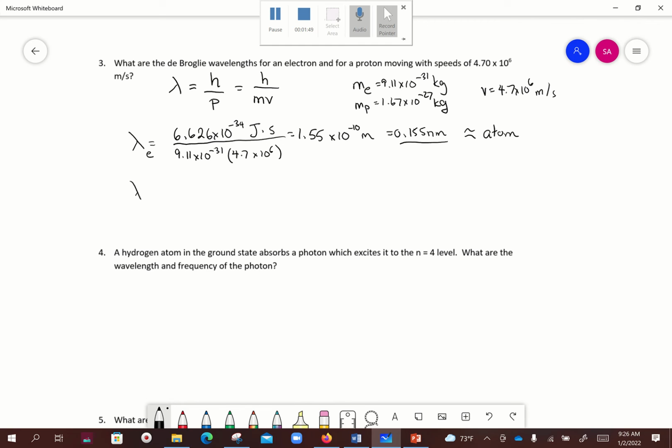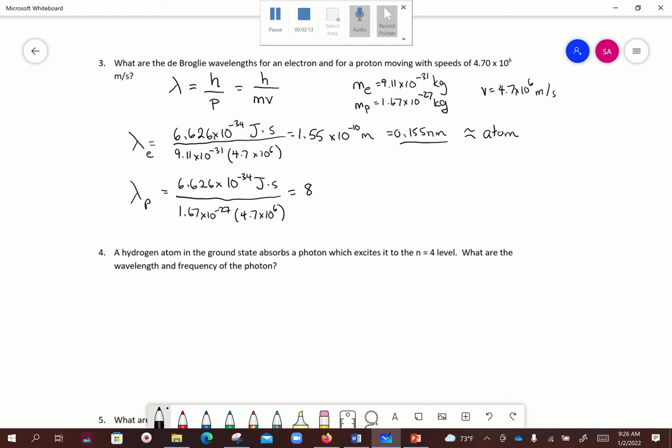Okay, how about the wavelength for the proton? Wavelength for the proton now, I'm going to do the same thing, Planck's constant in units of joules on top. On the bottom, I'm going to put the mass of the proton, 1.67 times 10 to the minus 27 kilograms. Same speed as the electron, 4.7 times 10 to the 6.